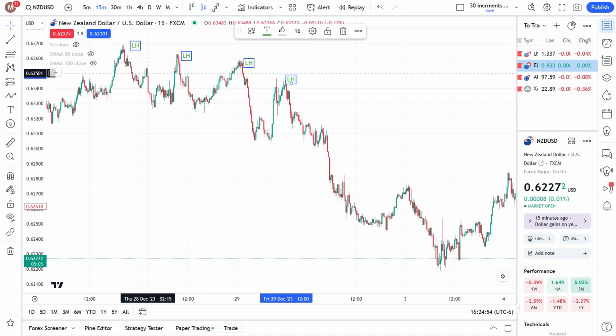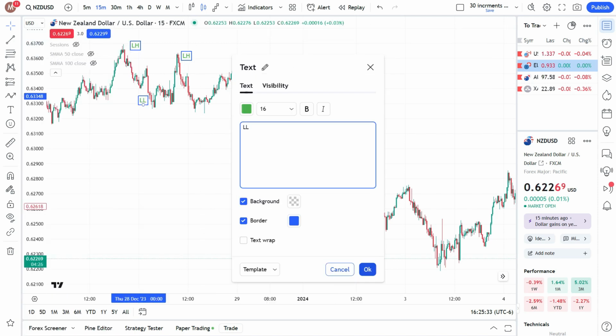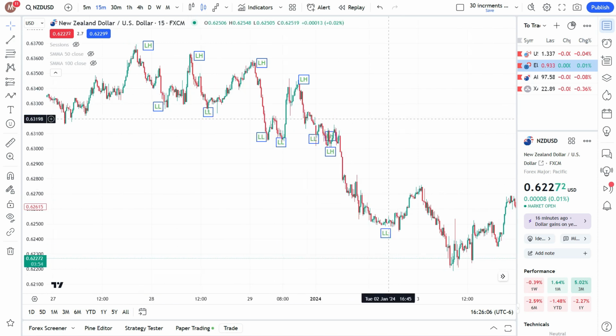The reason it's a lower high is because this low is lower than that high, and this low is lower than that high. So we call those lower highs in a downtrend. We also have some lower lows. LL stands for lower low. So this was an example of marking everything up in a downtrend for lower highs and lower lows.